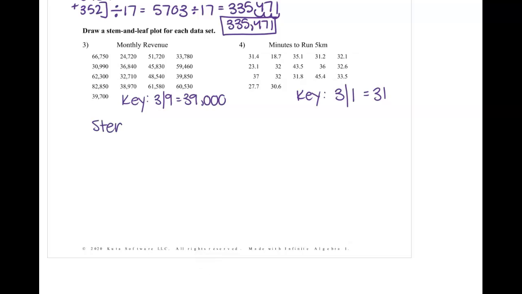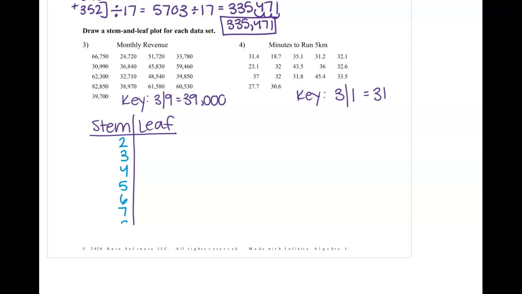So for our stem and leaf plot, for our stems, basically we just look for whatever our lowest value is. The lowest value we see out front is a 2. So we're going to start with 2, 3, 4, 5, 6, 7.